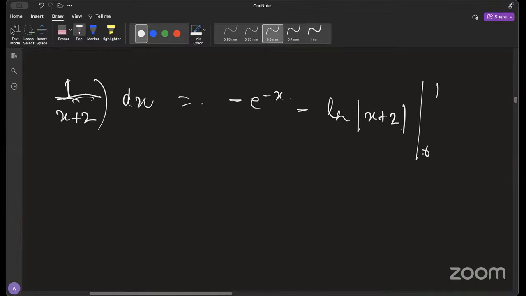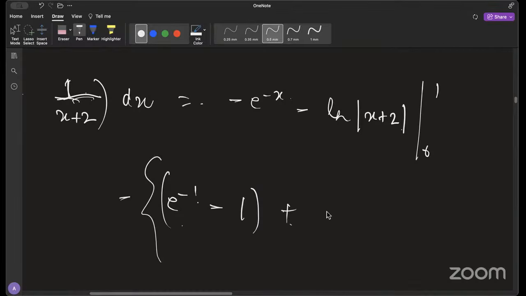So if I substitute 1 here, I'll have minus e to the power minus 1. Let's take minus common. This will be e to the power minus 1, and then minus of e to the power 0, so this will be 1. And then here you will have, let's take the negative common from this entire thing because both of these terms have negative.